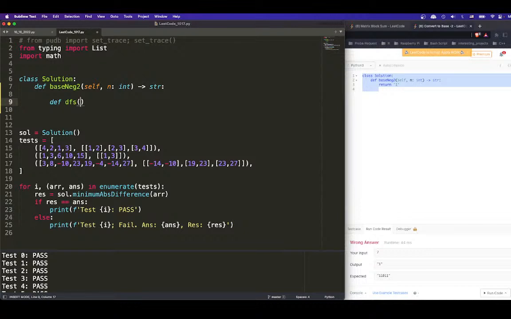The remaining value, the value required. So we have a val, the required value, and what? Current index. How about that? Current index.